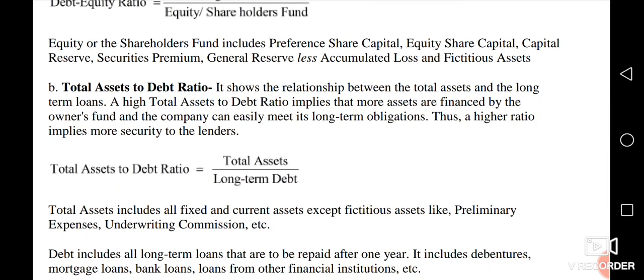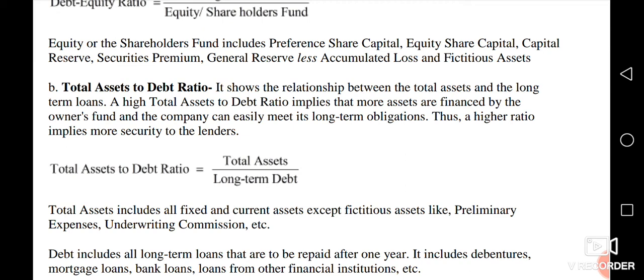It shows the relationship between the total assets and the long term loans. A high total assets to debt ratio implies that more assets are financed by the owner's funds and the company can easily meet its long-term obligations. Thus, a higher ratio implies more security to the lender.